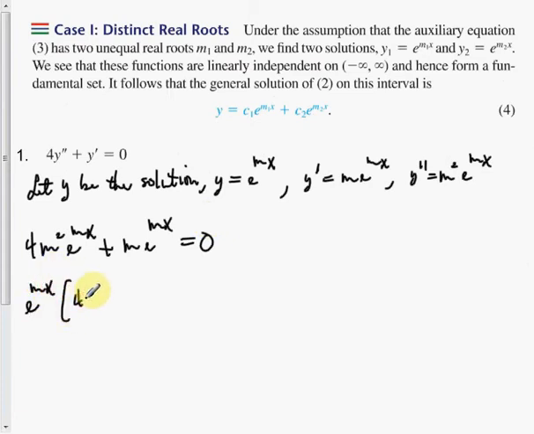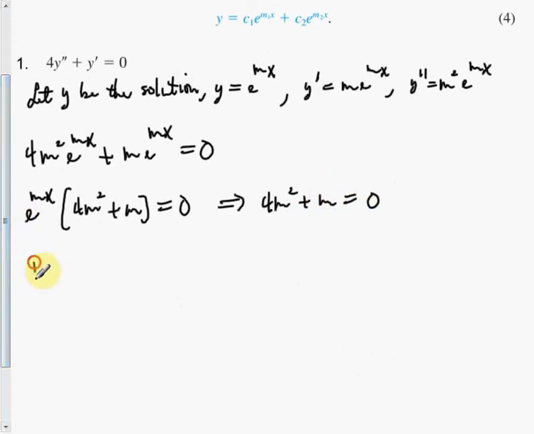You have left 4m squared plus m equal to 0. This implies, because e to the mx is not equal to 0, that 4m squared plus m is 0. We just solve for m. So you get m times 4m plus 1 equal to 0. This implies that m is equal to 0 and m is equal to negative 1 over 4.